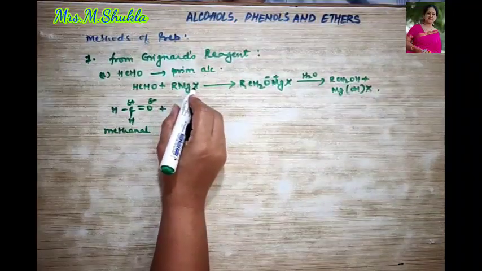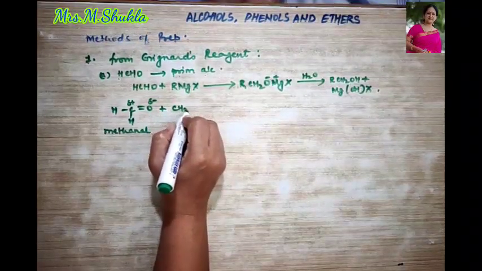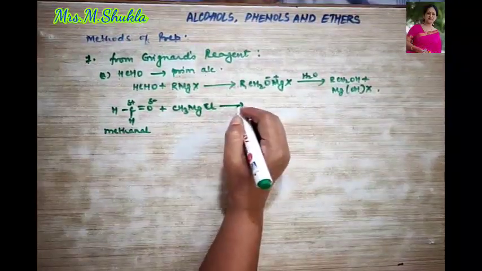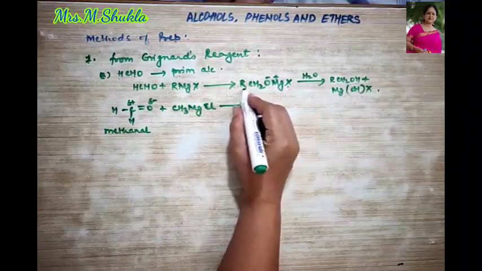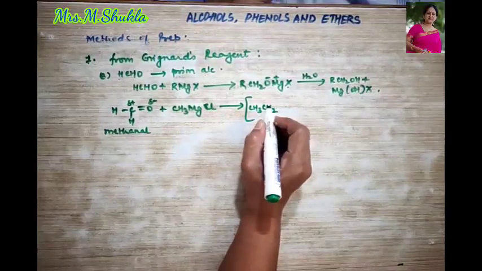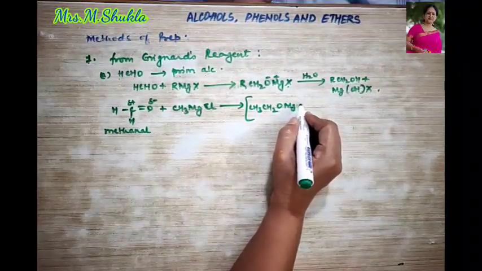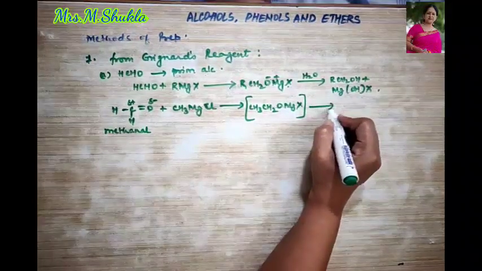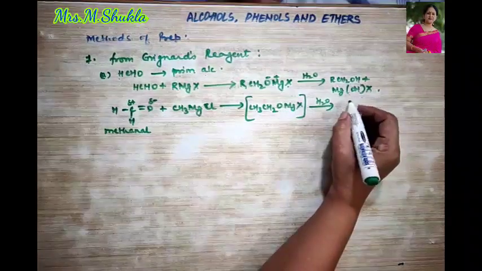When this is treated with Grignard's reagent, let us take CH3MgCl, the intermediate product formed is CH3CH2OMgCl.